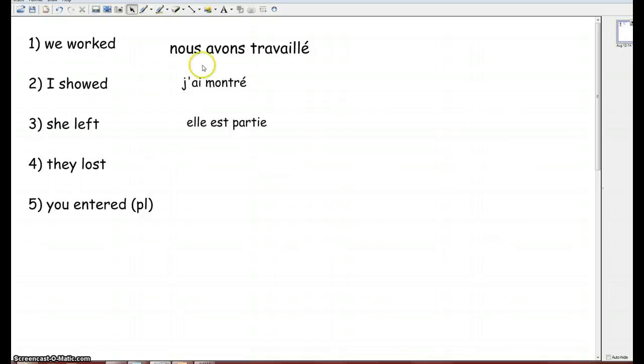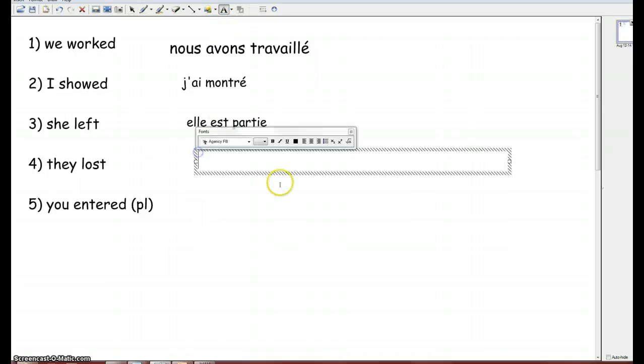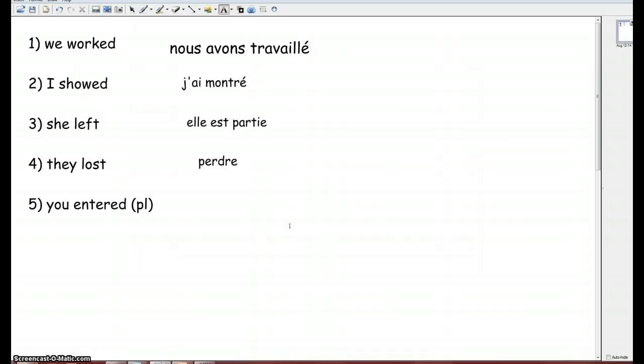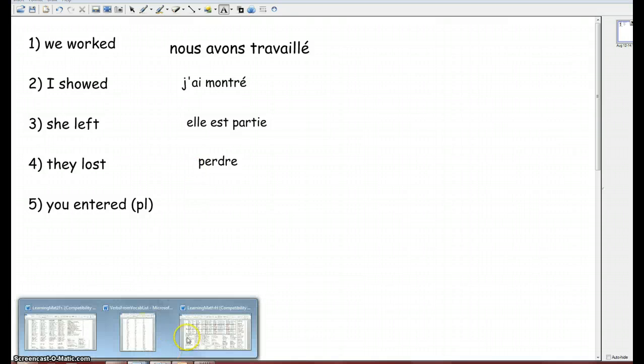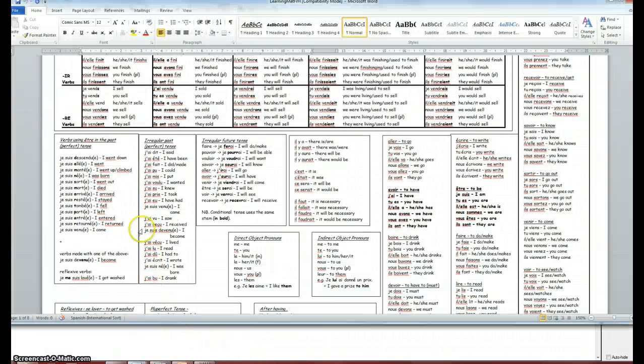They lost. Let's start with the infinitive. To lose is perdre, and that needs to come out of the dictionary. So, same question. There's no se, it's not reflexive. So, we need to check, is it in Dr Mrs Vandertramp?